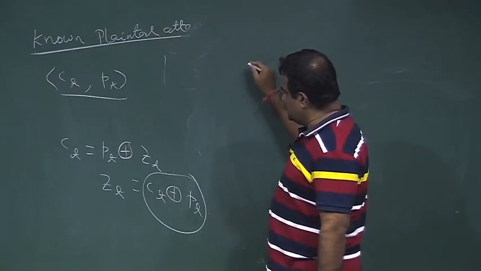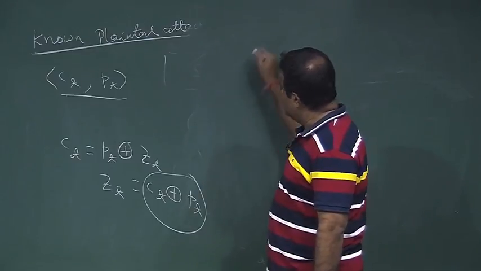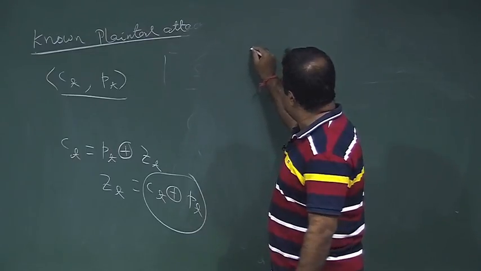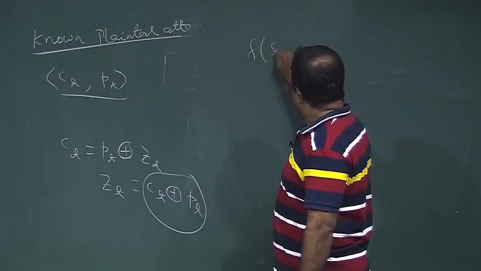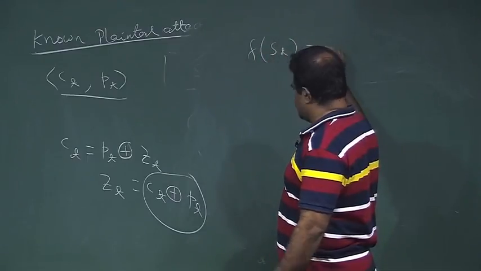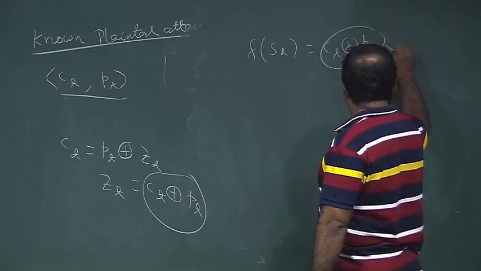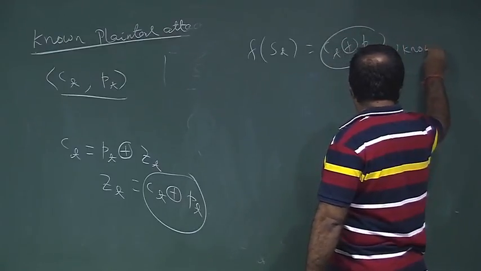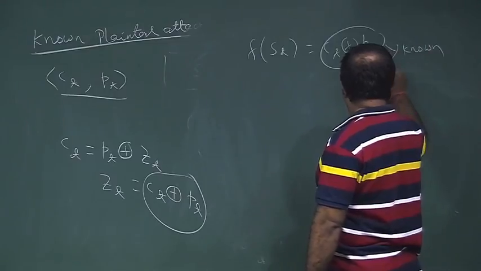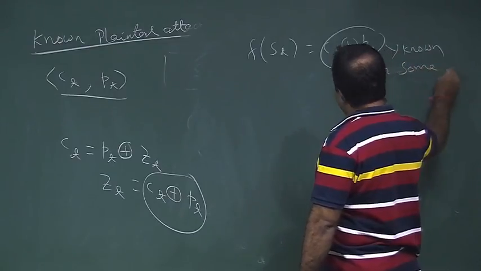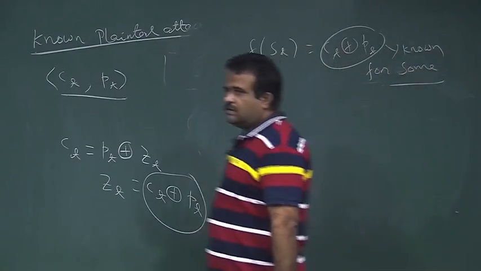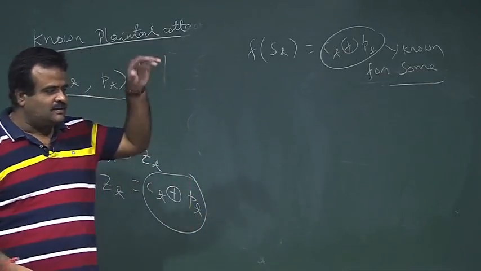So we know ZT is f of xt, which is equal to CT XOR PT. Now this value is known for some t. From here we basically have a system of equations.